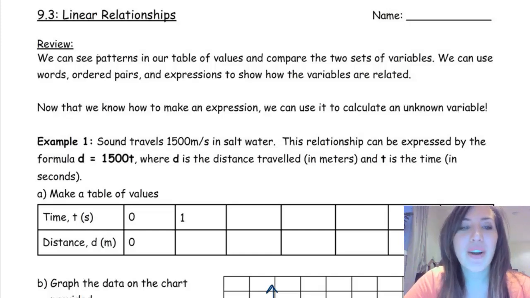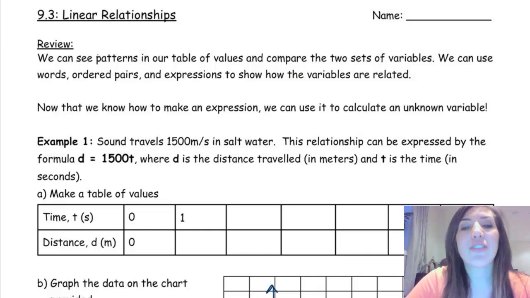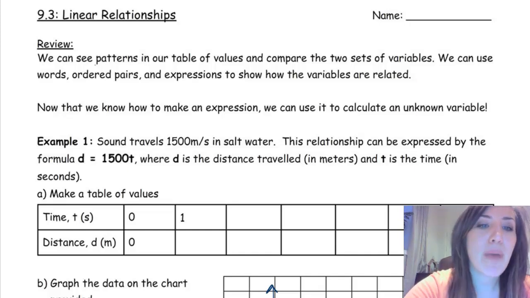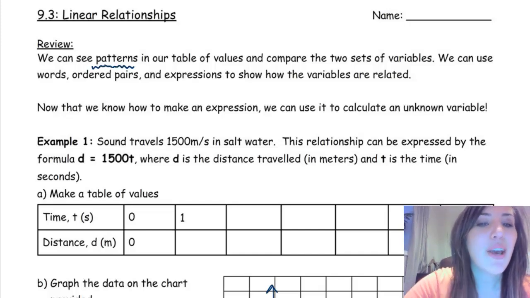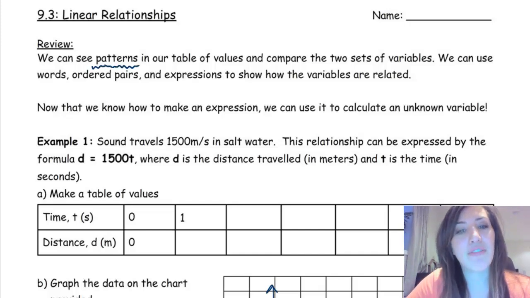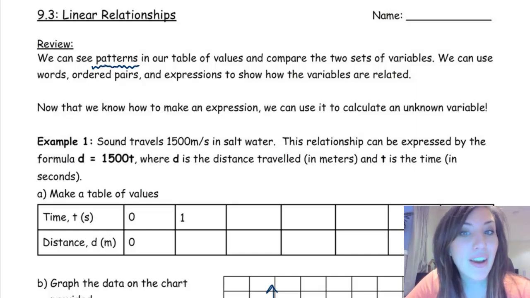Today we are reviewing all about linear relationships. So we can see different patterns in our table of values, and we can compare two sets of variables. We already looked at this over the past couple of lectures.